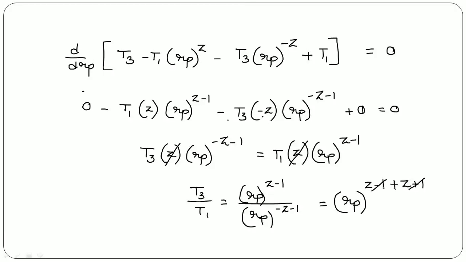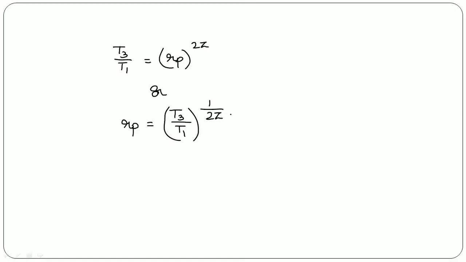So minus 1 plus 1 gets cancelled. Then we can write T3 by T1 is equal to Rp to the power 2z, or you can write Rp is equal to (T3 by T1) whole to the power 1 by 2z.